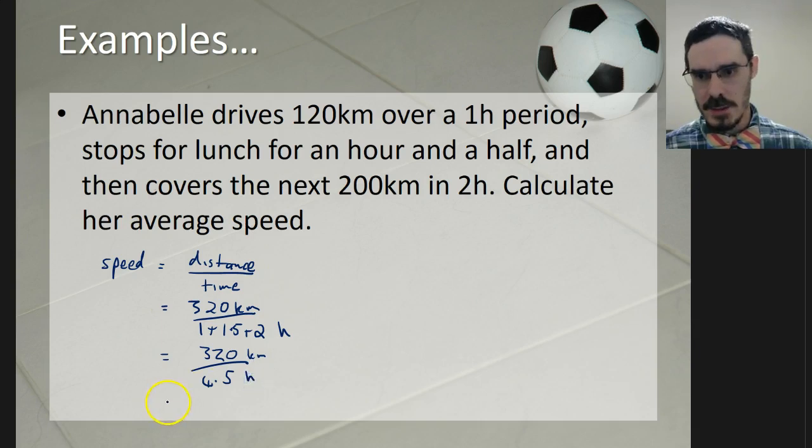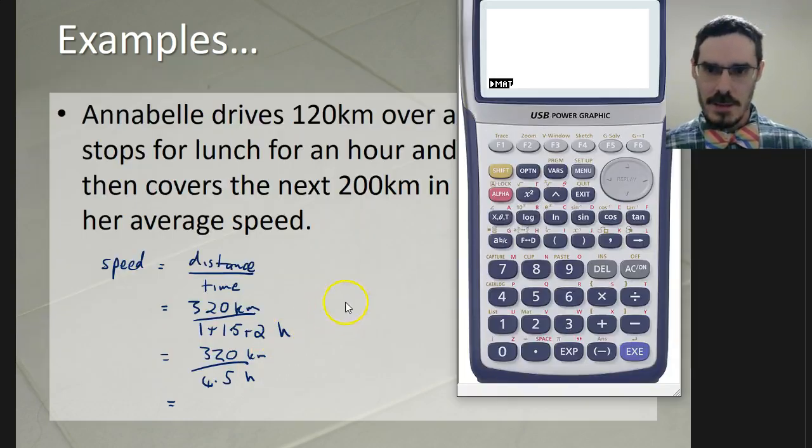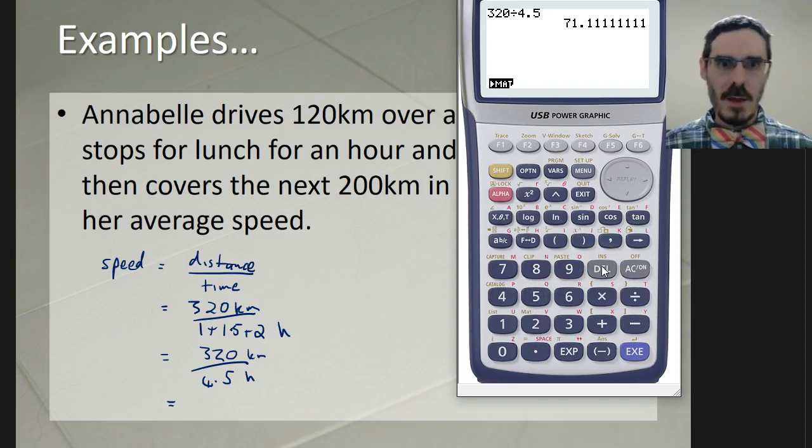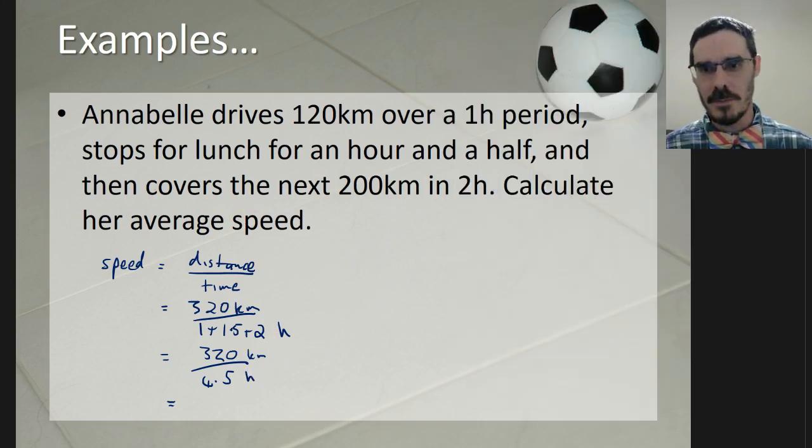I'll put the units in because it'll give us a hint as to what the final units will be. My speed is going to be kilometres per hour. And it's 320 divided by 4.5, which is 71.1 kilometres per hour.